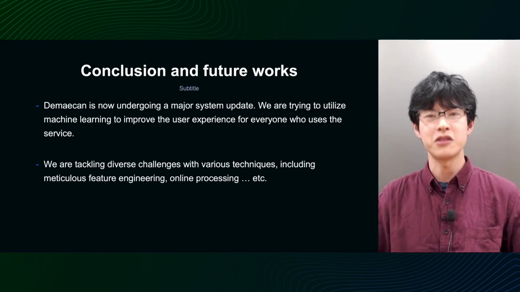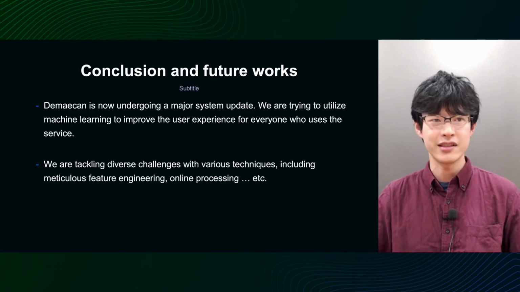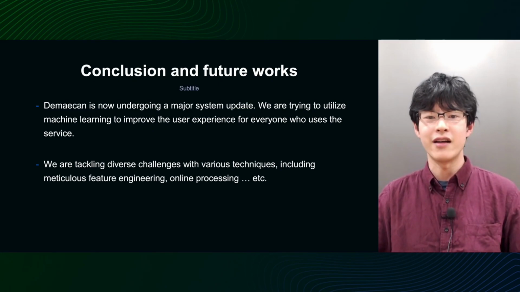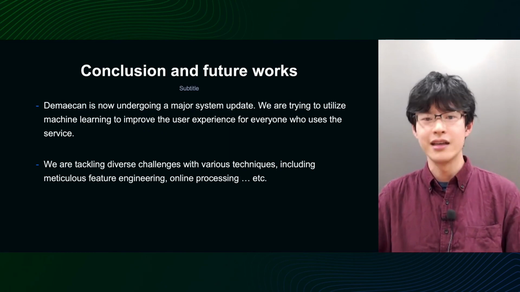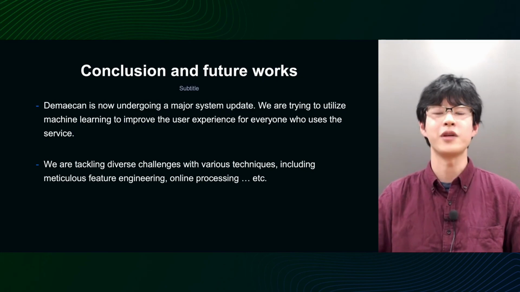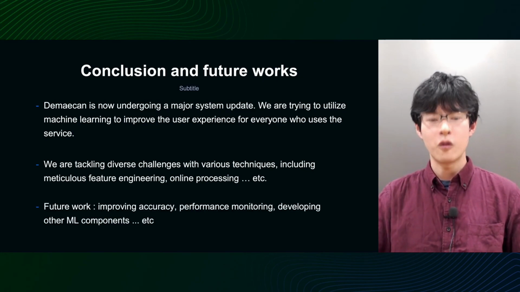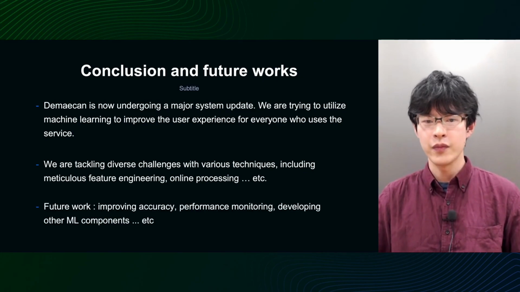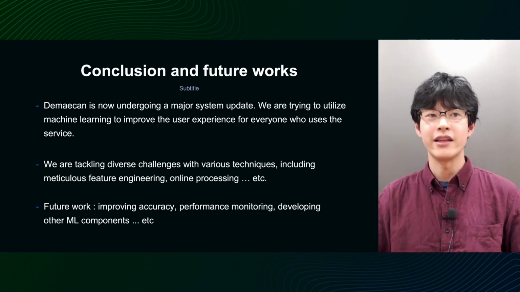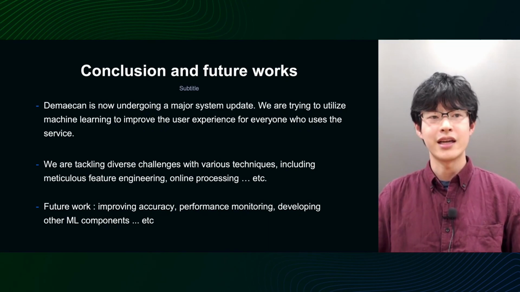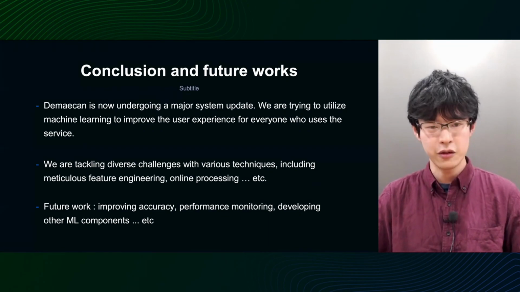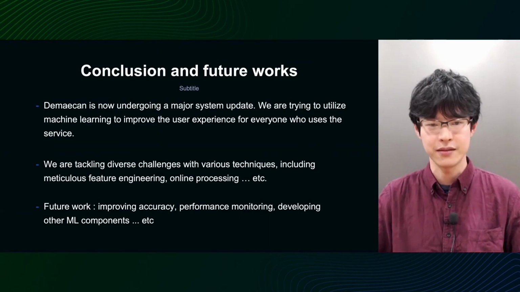As a result, there is a wide range of issues to be addressed, and each of them has its own difficulties. But we are trying to deal with them using various technologies such as feature engineering, stream processing, and multi-objective optimization. In the future, we'd like to continuously improve the accuracy, monitor the accuracy after applying to production, and develop new machine learning components as needed.